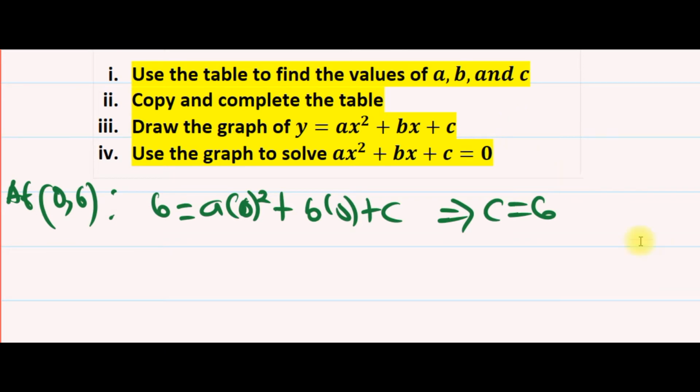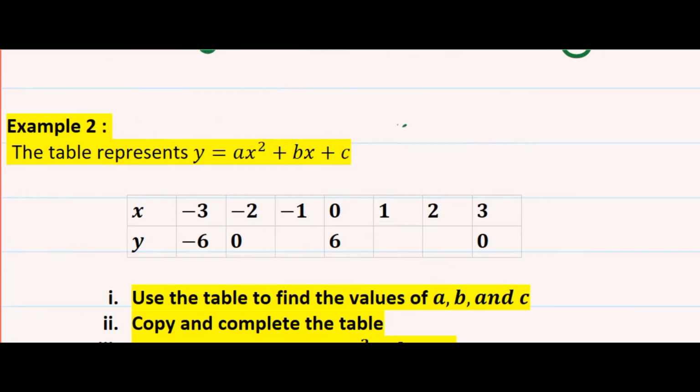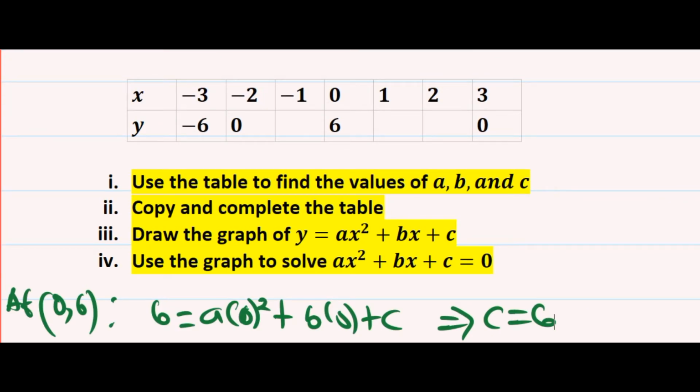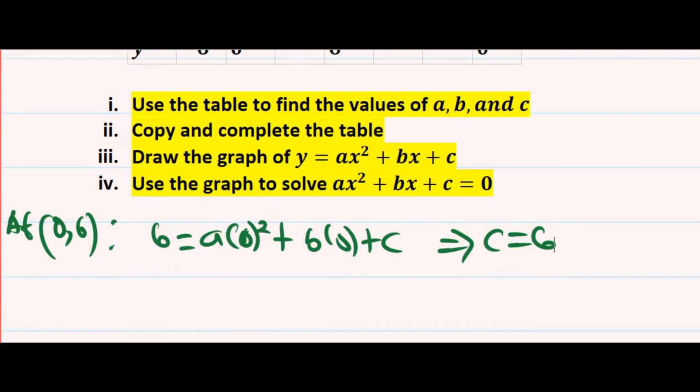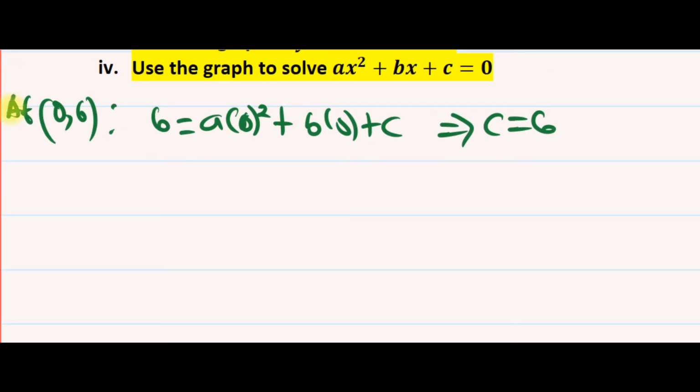The second one is to now choose the other one, which is minus 2 comma 0. I told you the best point to choose is the intercepts, but I started with the y-intercept to get the value of c first, because assuming I started with the other one, I won't get the value of c. So the other one is minus 2 comma 0. That's the x-intercept.